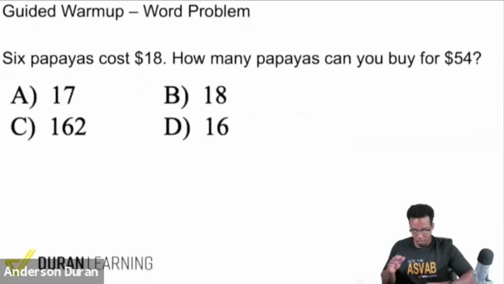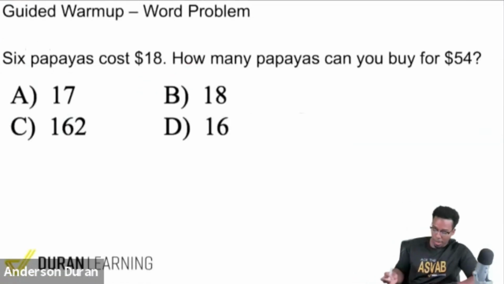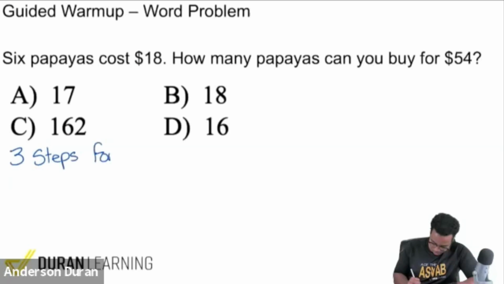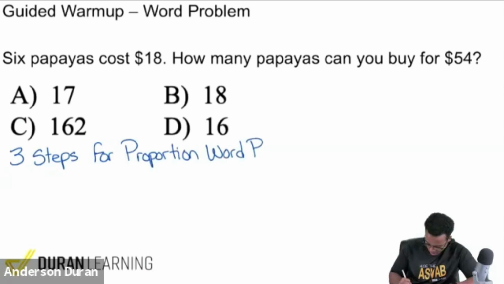So here's the word problem that I'm going to show you. But let me make sure everybody here has the 3 steps to solving word problems. Let me write this down here. 3 steps for proportion word problems here. All right, so 3 steps.